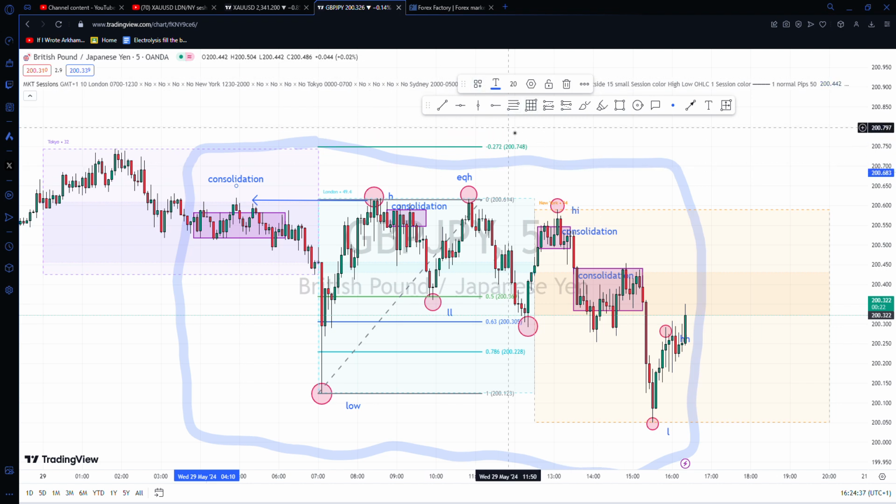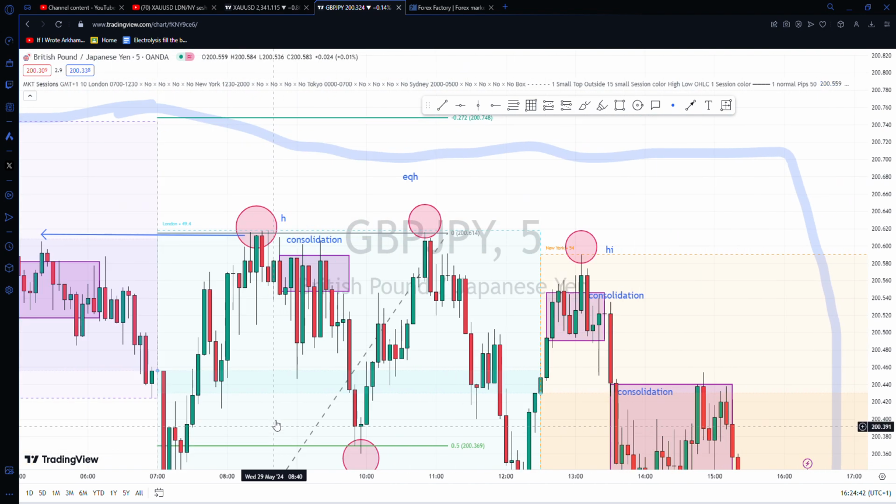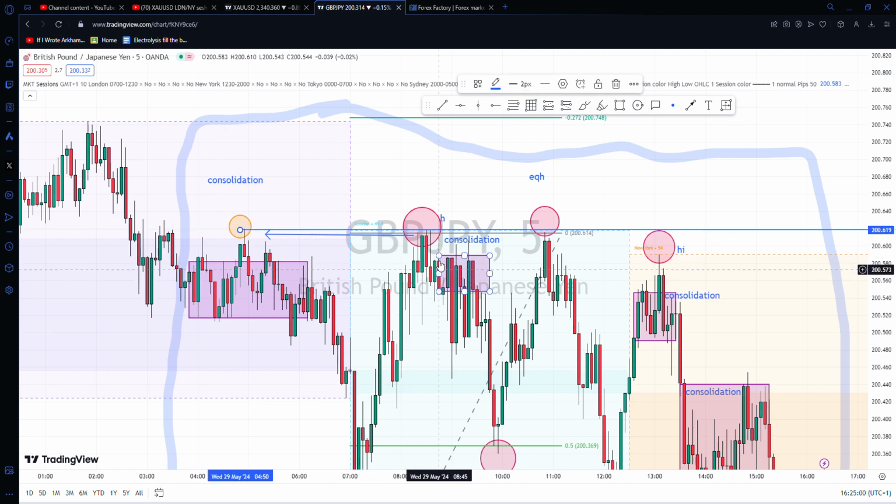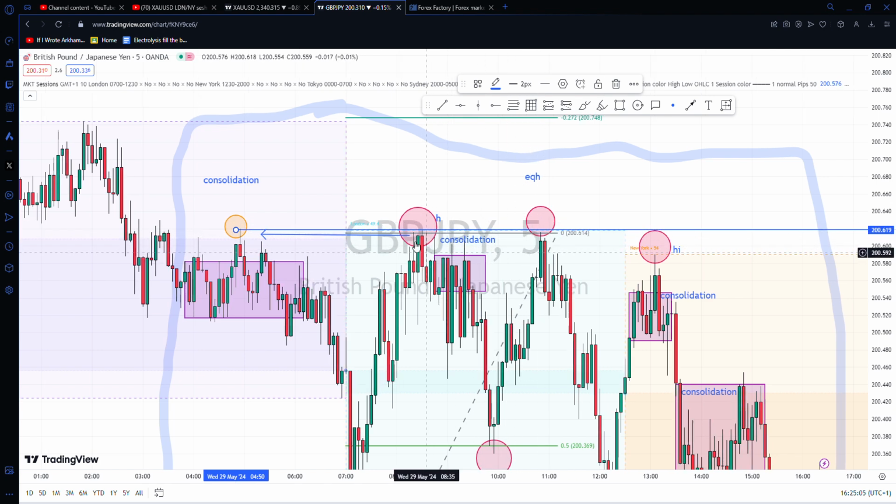Because if I put a line there, I'll zoom in the chart this time. If I put a line, the high I'm trying to mark out is this one, and we'll use a different color because now I'm explaining it. The high of the consolidation is there. If I put a line there, can you see it's an equal high of that, and then this is a relative equal high of that as well.